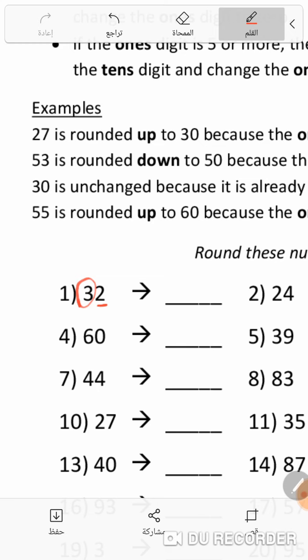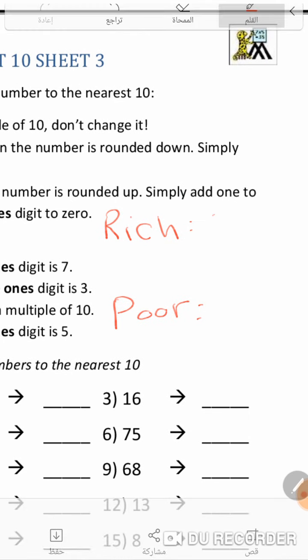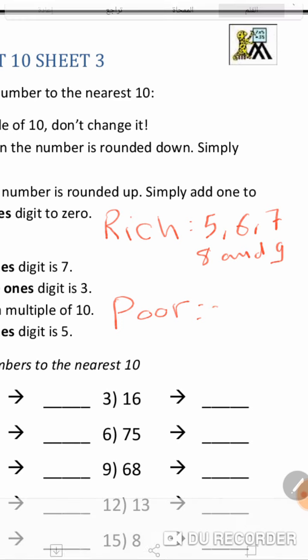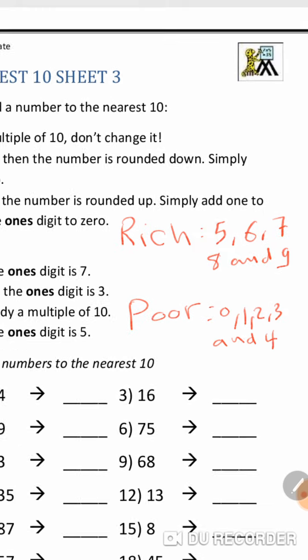Next door number here, rich or poor? Yes, I have the rich numbers, which are 5, 6, 7, 8, and 9. And I have poor numbers, which are 0, 1, 2, 3, and 4.